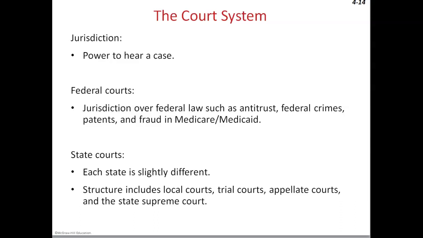State courts: each state has its own court system, but the general structure is the same. The bottom tier is local courts, then trial courts, appellate courts, and finally the state Supreme Court. As with the federal court system, there are also some special state courts with jurisdiction over just certain types of cases.